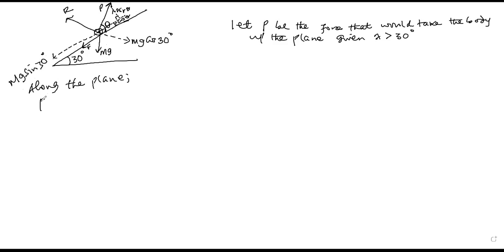So my P cos theta is equals to F plus mg sine 30, implying that P cos theta is equals to mu R plus mg sine 30 degrees.